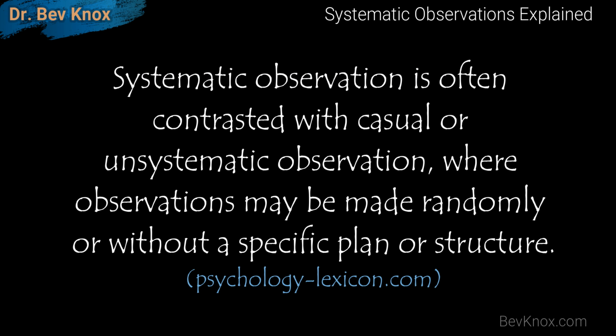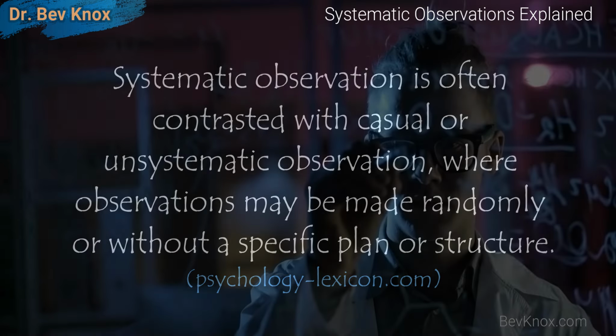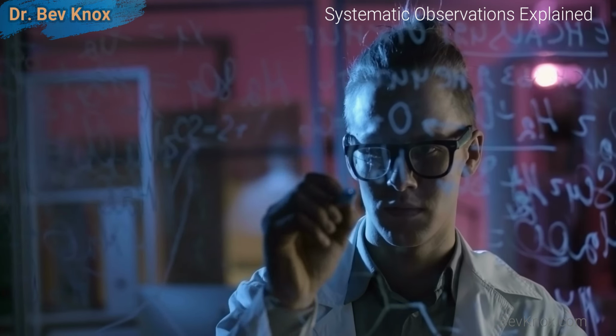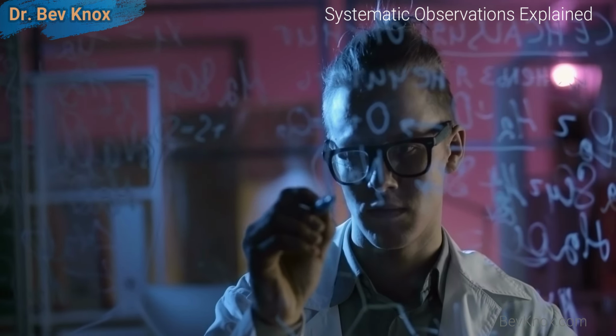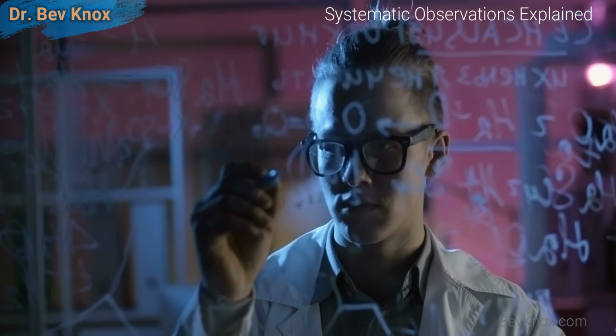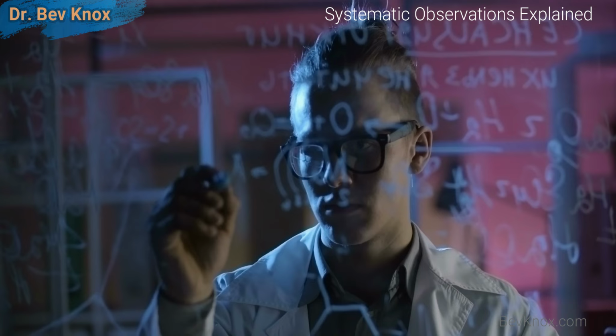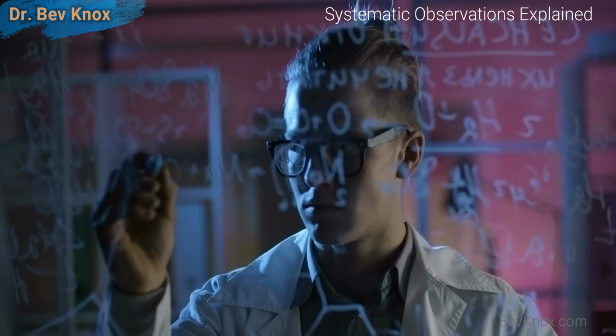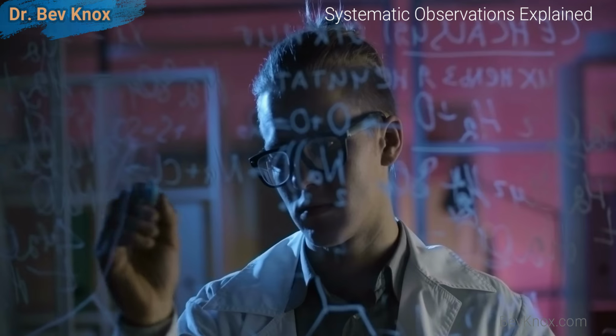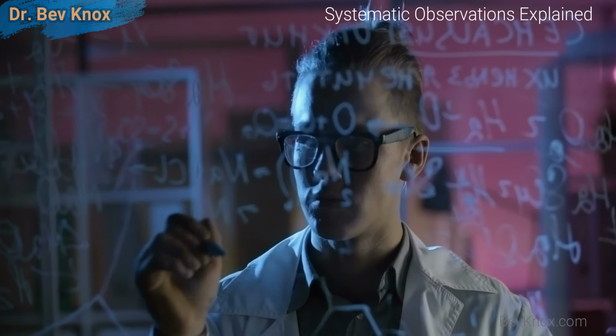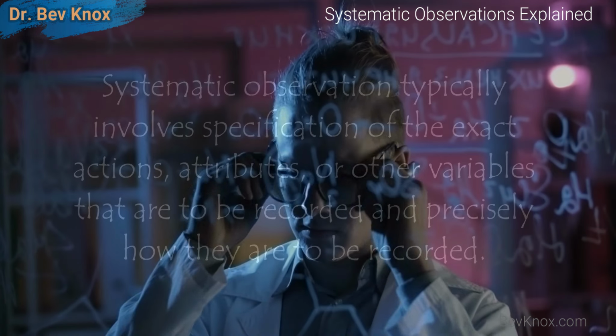consistent. Systematic observation is often contrasted with casual or unsystematic observation, where observations may be made randomly or without a specific plan or structure. Systematic observation is an objective, well-ordered method for close examination of some phenomena or aspect of behavior so as to obtain reliable data unbiased by observer interpretation.